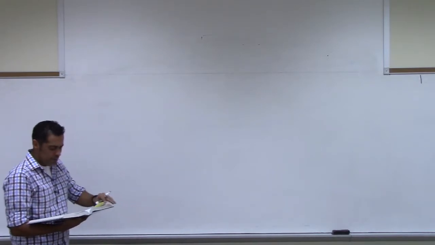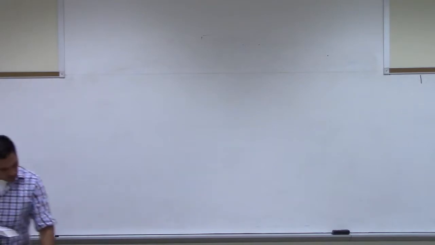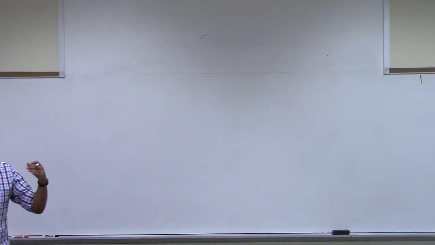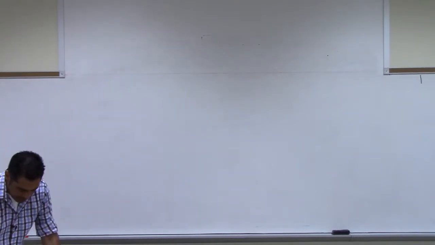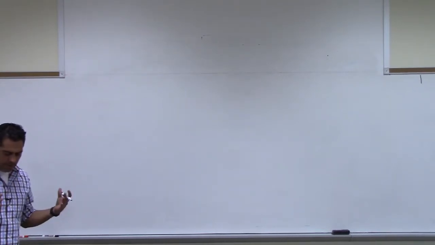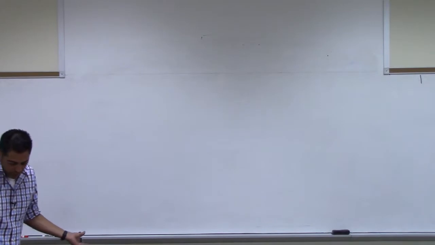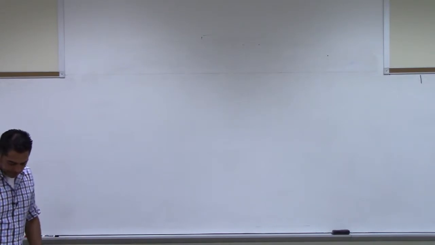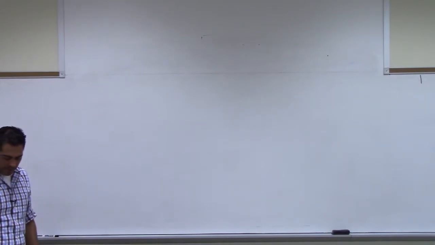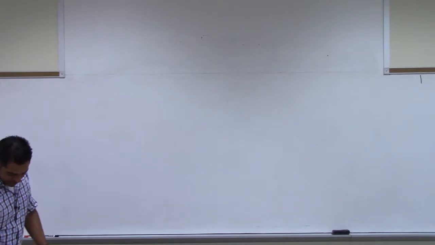The chapter review for chapter 7 starts on page 600, but we are only doing 7.6, 7.7, and 7.8. So I'm going to start by picking a problem here that I think looks pretty good, something that would be fair game on the test.